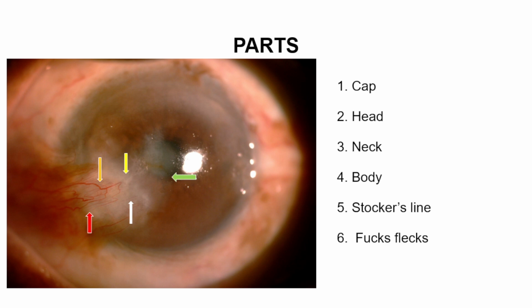Stocker's line. It is seen in most of the pterygium patients as subepithelial brown pigmented vertical or punctate lines, seen at the edge of the cap. And Fuchs flecks. These are discrete white subepithelial conjunctival cells seen separated from the head of the pterygium, and these Fuchs flecks are not in connection with the pterygium.